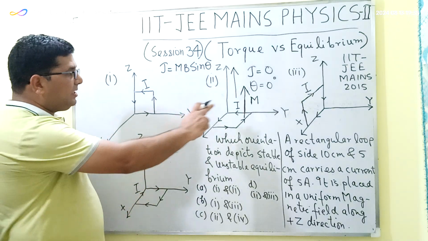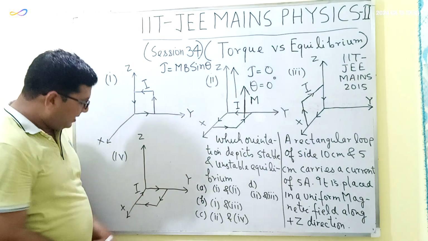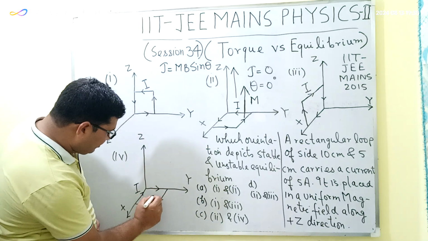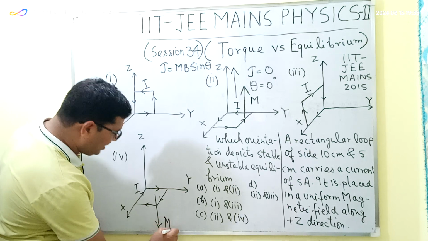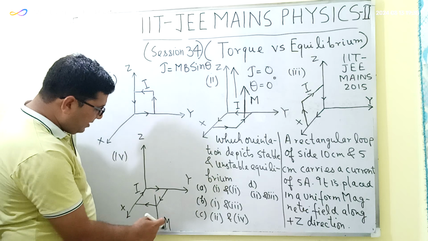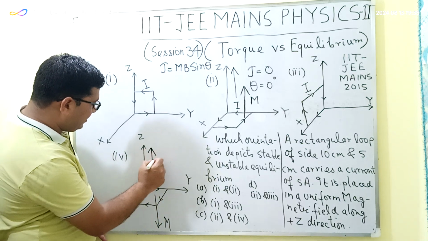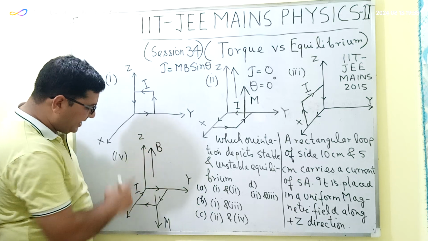Now, if you see from these four figures, in figure number 4 the direction of the current is clockwise. So here in this case, the direction of the magnetic moment will be directed downwards, that is along the negative z-axis like this, and here the direction of the magnetic field is along the positive z-axis.